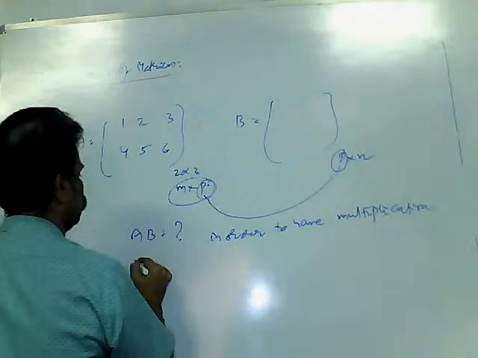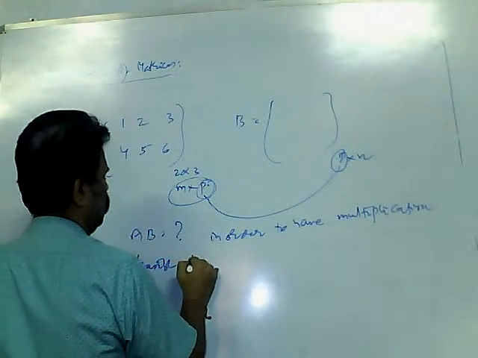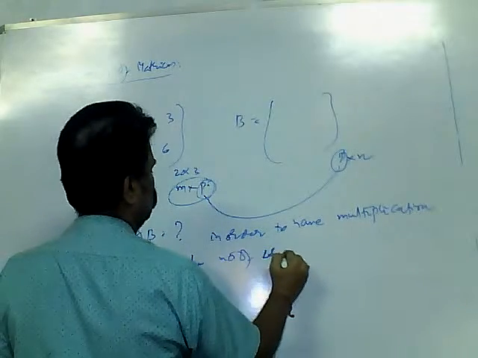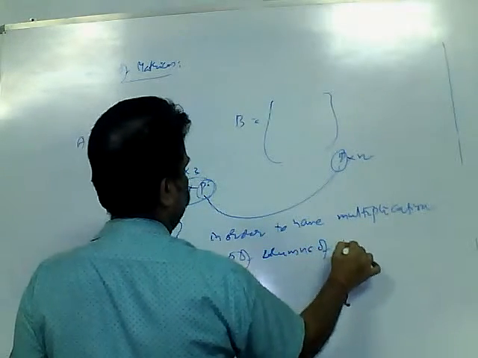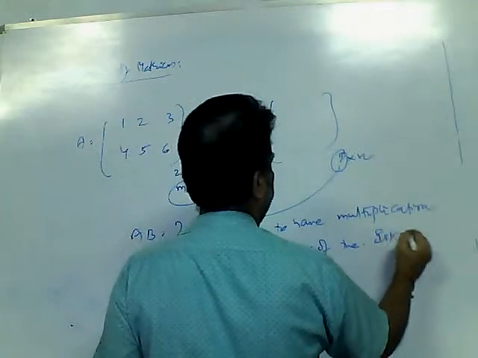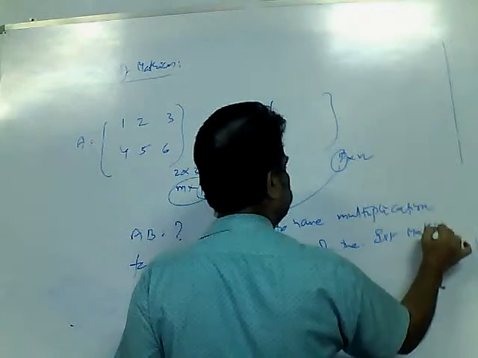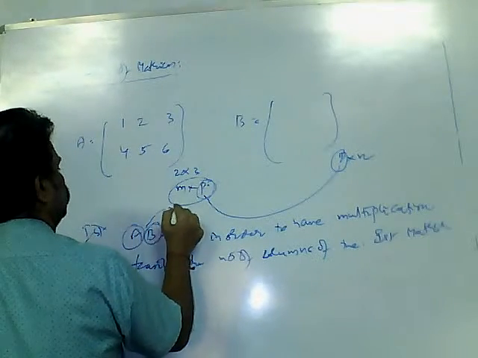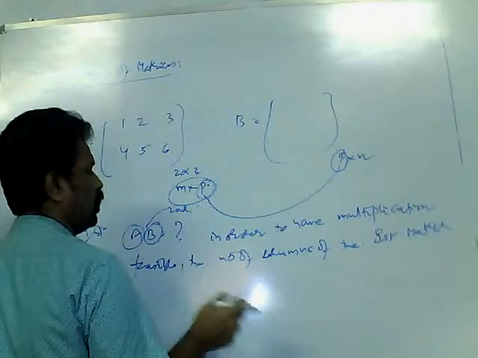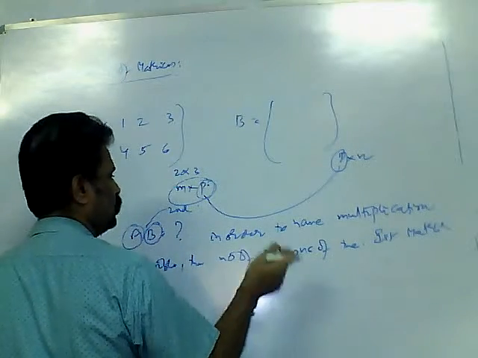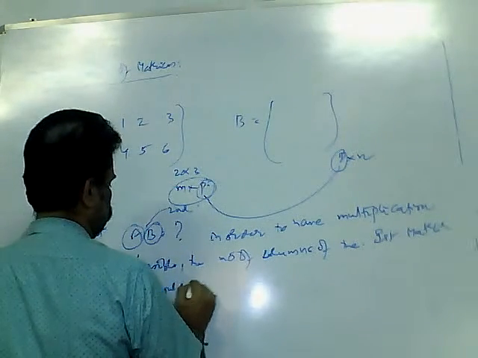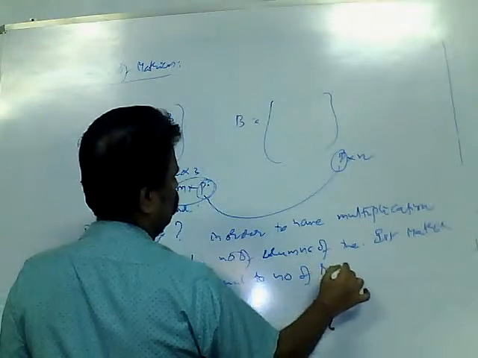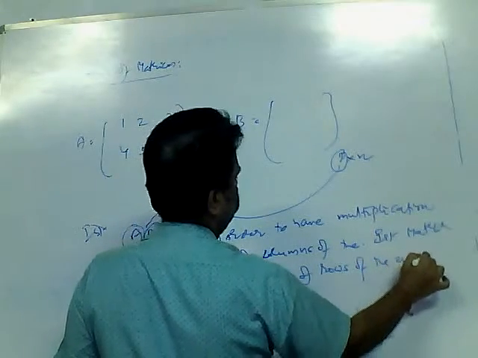In order to have multiplication feasible, the number of columns of the first matrix, because we are talking about AB here, so A is the first matrix, B is the second matrix, should be equal to the number of rows of the second matrix.